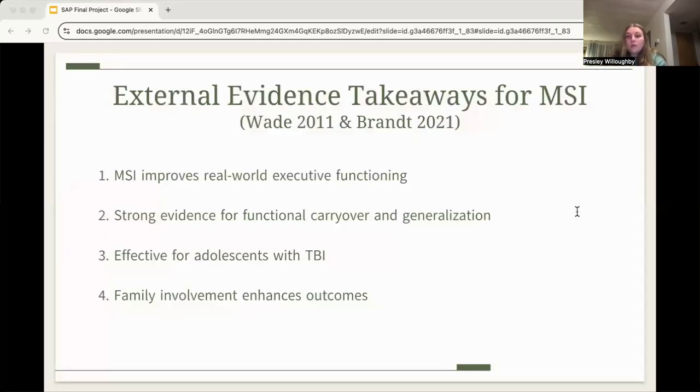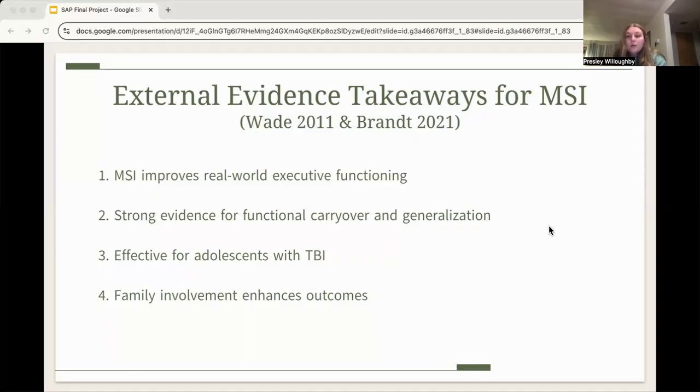And some key takeaways from these pieces of evidence include that the RCTs show significant gains in planning, inhibition, initiation, organization, and self-monitoring, especially when family supported. MSI leads to improved daily functioning, school participation, and behavioral regulation, making it the preferred approach for academic and home routines.